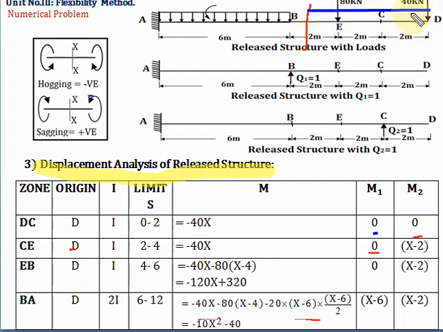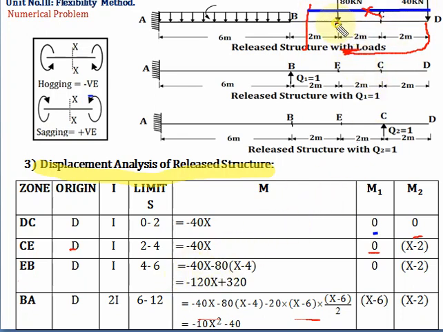We'll measure the x from point D, because D is the origin here. Now due to this 40 kilonewton, again the nature of bending moment will be hogging, so minus. The bending moment will be force into distance. Here the force is 40 and distance is x. So minus 40 into x.